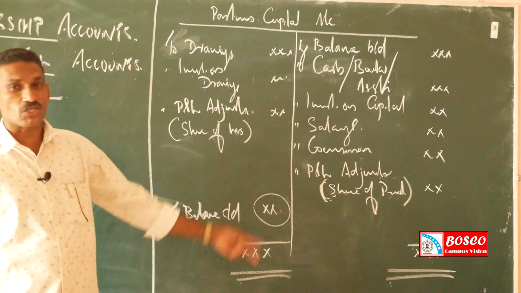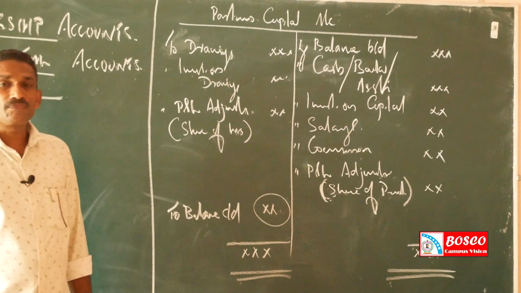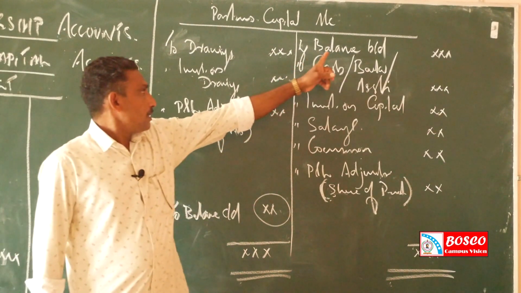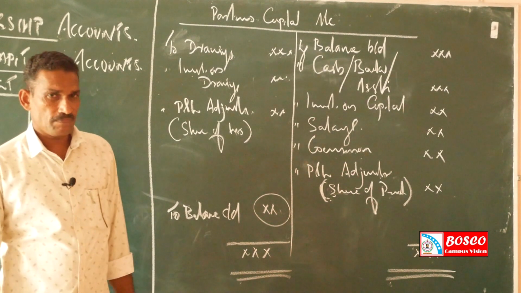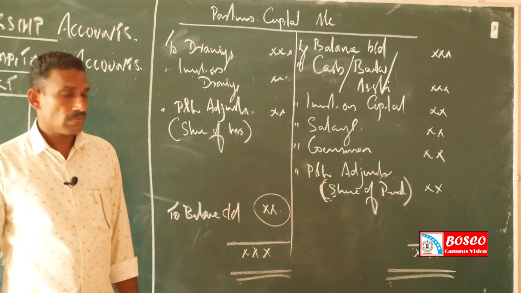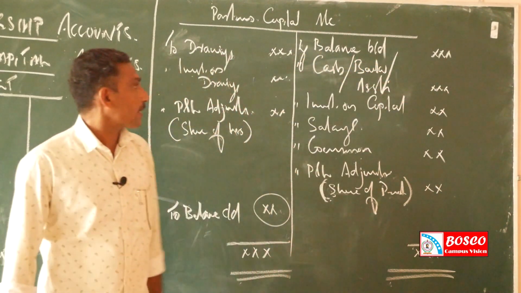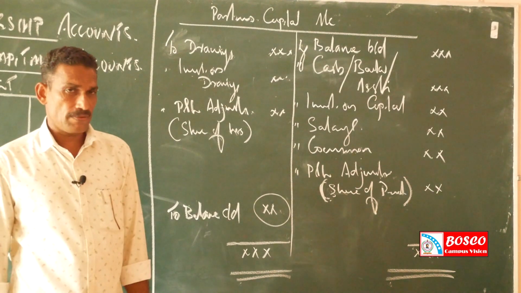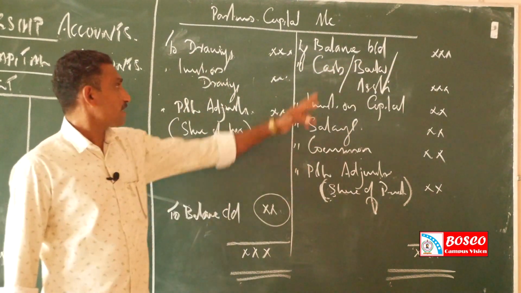So what is the format of a partner's capital account? It is opened with the balance. If it is a continuing or going concern, the opening balance will be shown on the credit side of the capital account. So by balance brought down, it is started with this item.